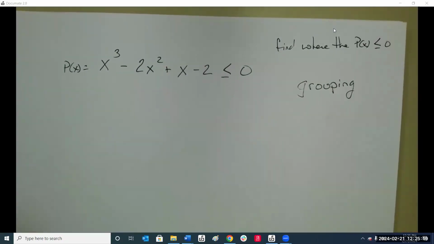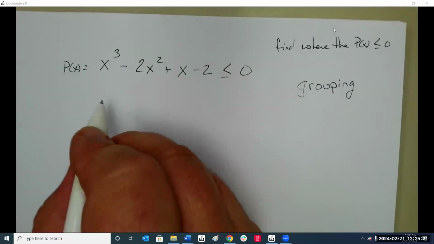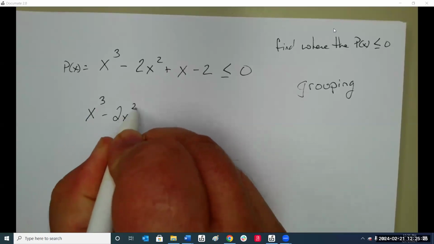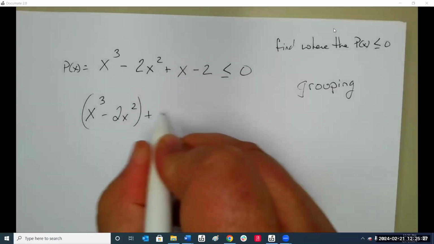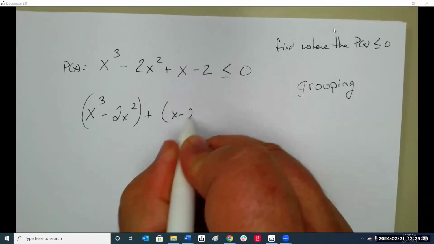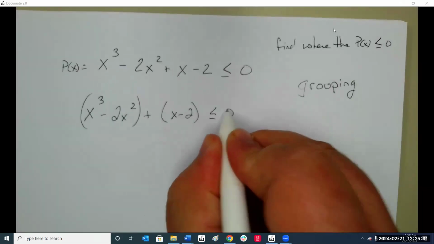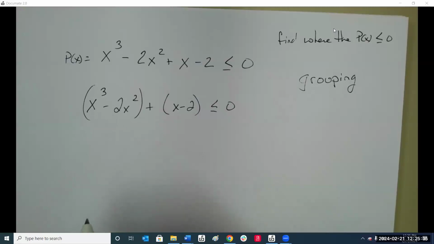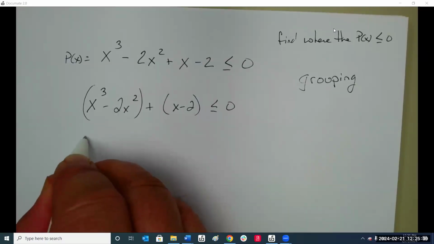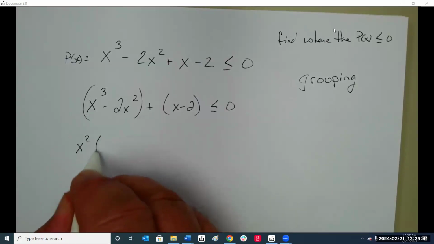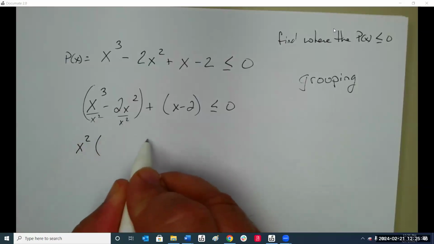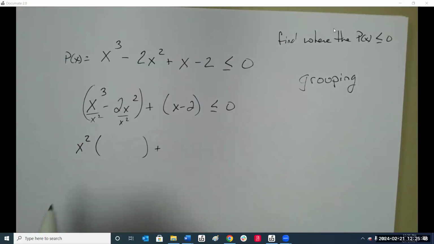Grouping. We'll try grouping first because it's a cubic function. What is grouping? Take the first two, put them in parentheses, and the last two, put them in parentheses. What can you factor out of the first one? x squared. They both have x squared. If you divide both of these by x squared, that tells you what goes inside there.